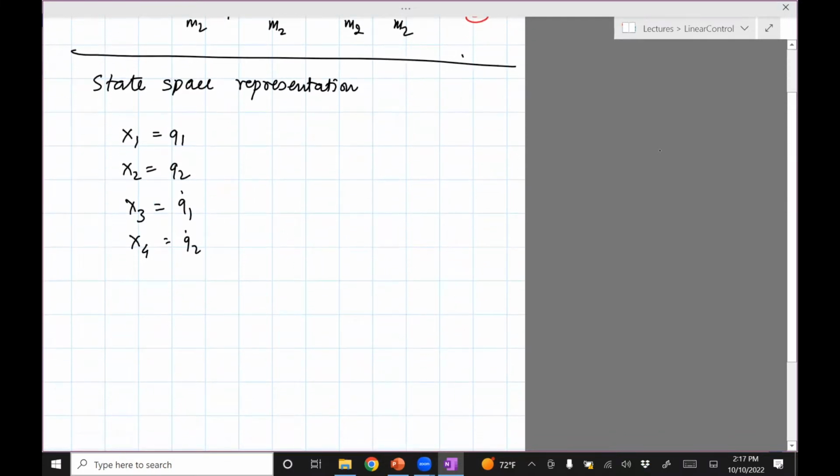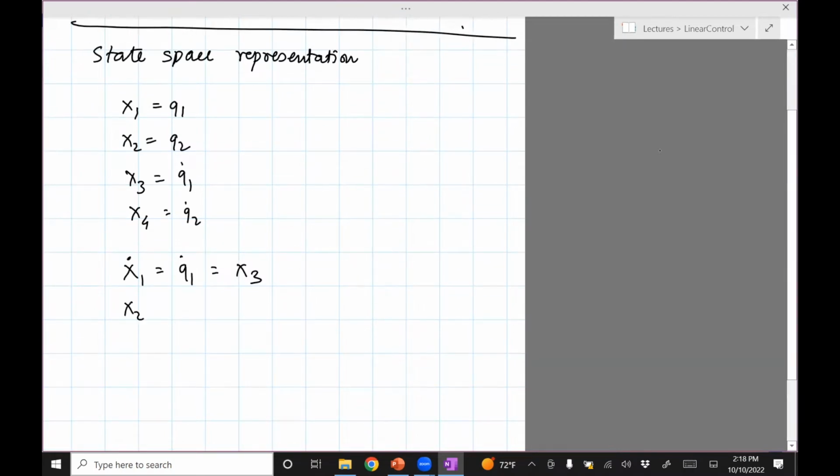Okay, next I need to take the derivative of each of these. So X1 dot. Just look at the first line. It says X1 equals Q1, take the derivative equals Q1 dot. But Q1 dot is X3. So what I'm trying to do here is effectively write everything in terms of X's instead of Q's.